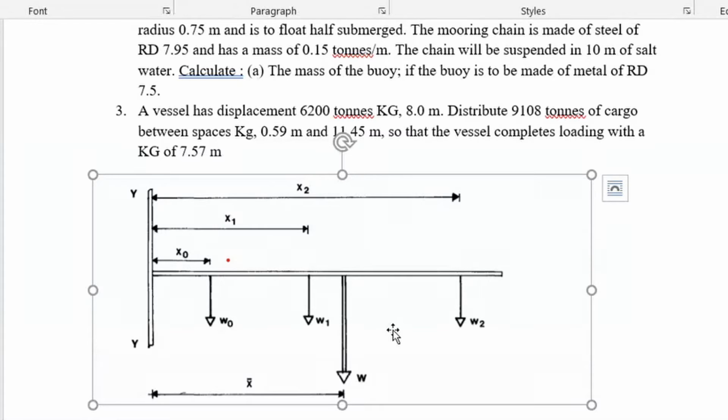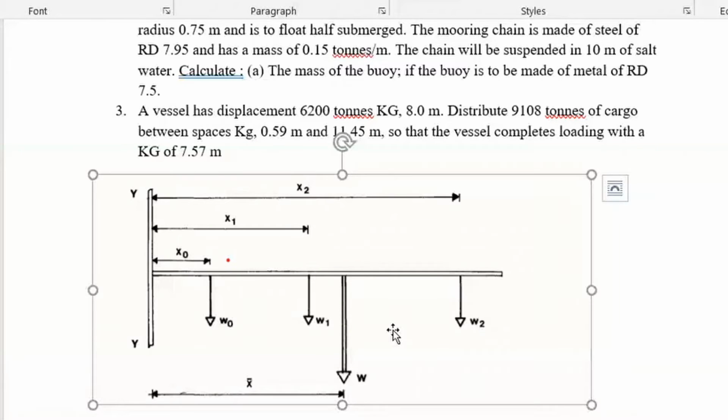Now what has happened is they are adding weights to it. They distribute 9,108 tons of cargo between spaces, small g, which means there are two spaces. Spaces usually mean places where you keep the loads or any storage bins.